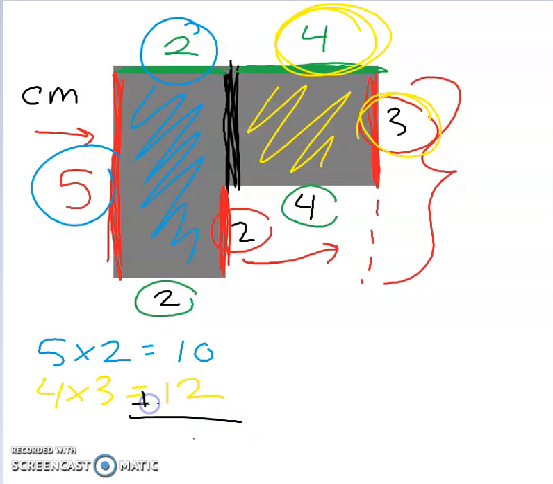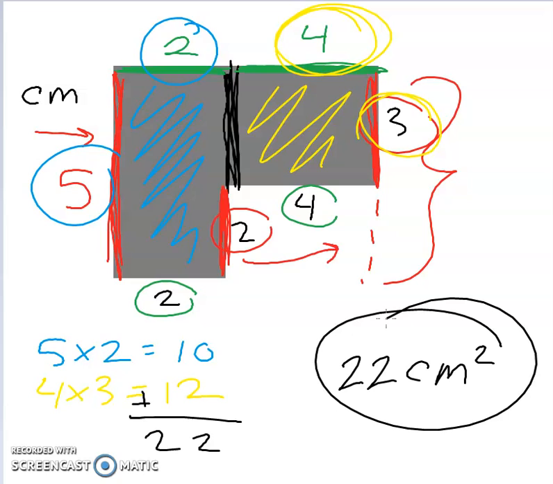When I add those together, look at that, 22. So you do get the same answer both ways. But just make sure that you are using the squared units to label your answer, please.